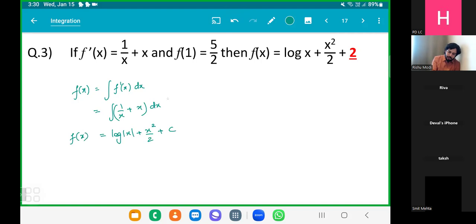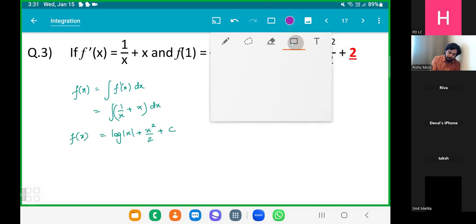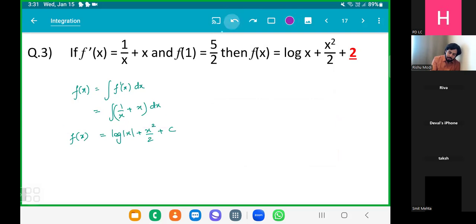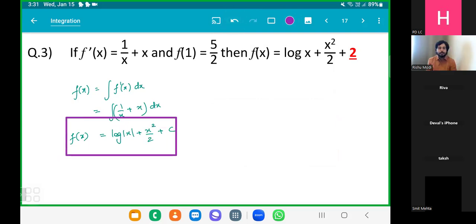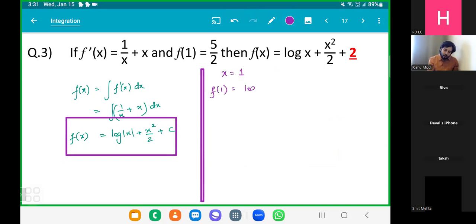Now understand that this would be my answer for the given question had they not given me the value of f of 1. Since they have given me the f of 1 value, I need to substitute. So I substitute x is equal to 1. So f of 1 is equal to log mod 1, which is log 1, plus 1 by 2 plus c.